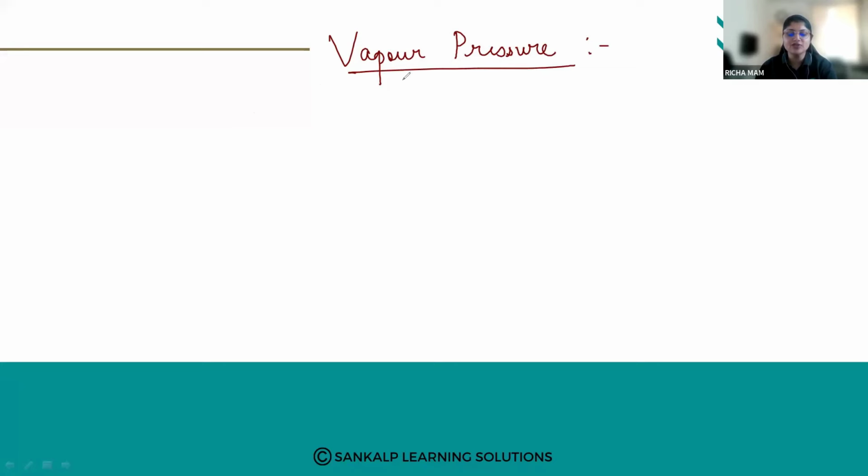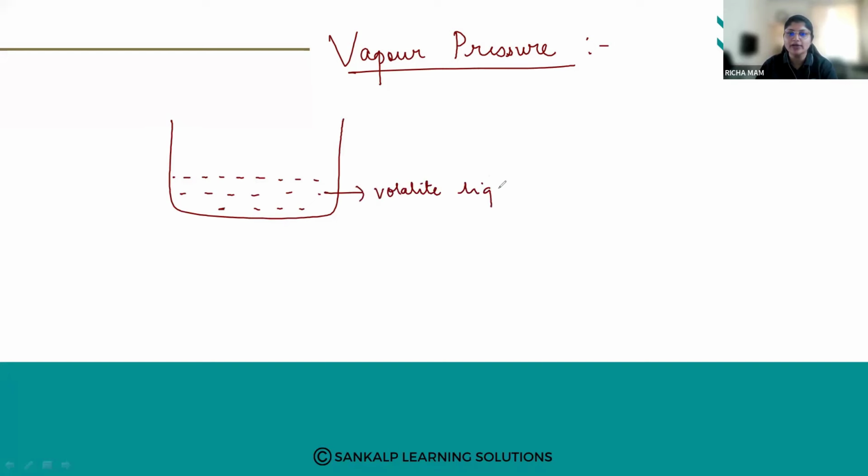Consider you take a beaker and you take a volatile liquid. What do you mean by volatile liquid? Volatile liquids are those which easily change into vapors, so they are called volatile liquids.